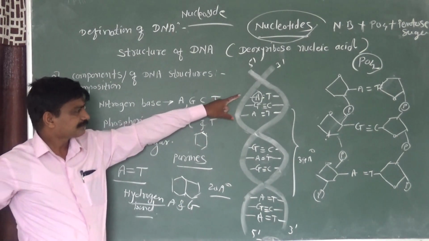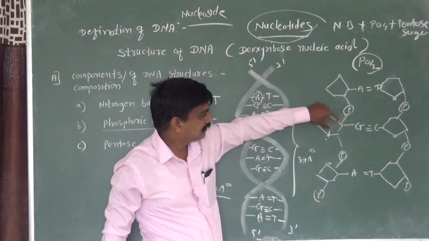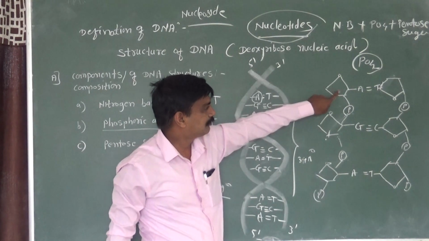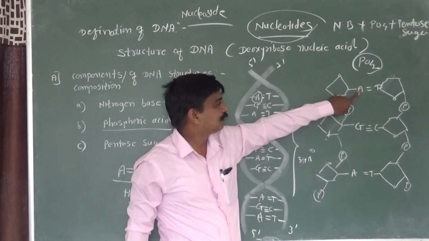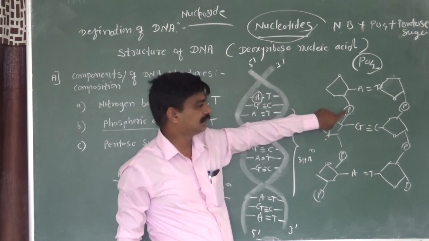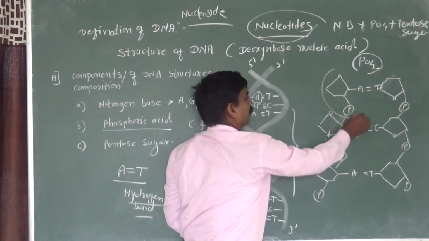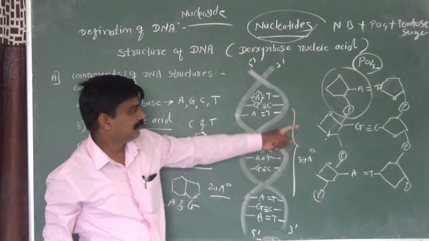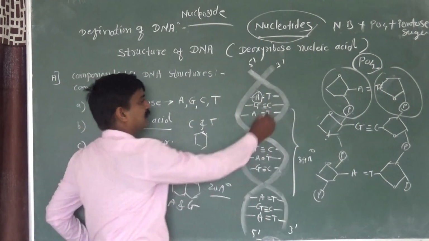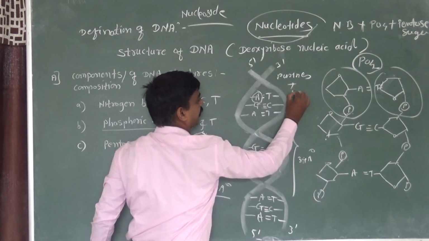and then two nucleotides. Here is one nucleotide, and here another nucleotide. Sugar plus nitrogen base and phosphoric acid, the phosphate group, make a nucleotide. Here is another nucleotide, where a purine binds to a pyrimidine.